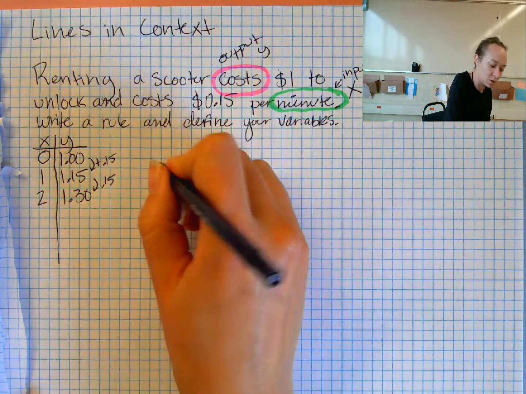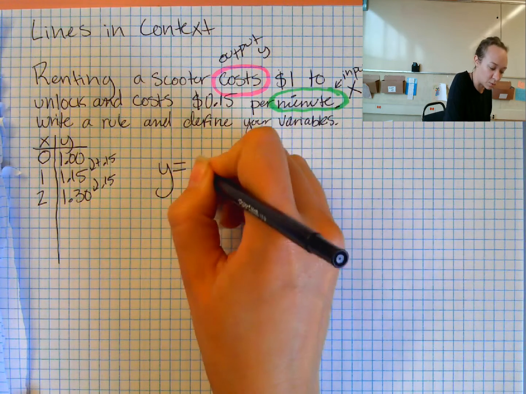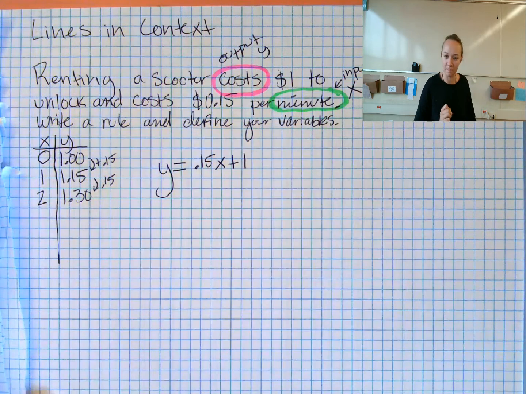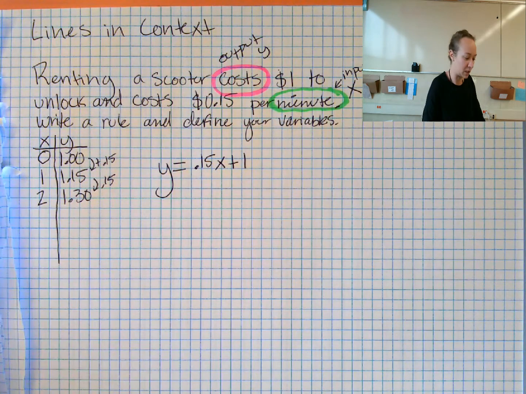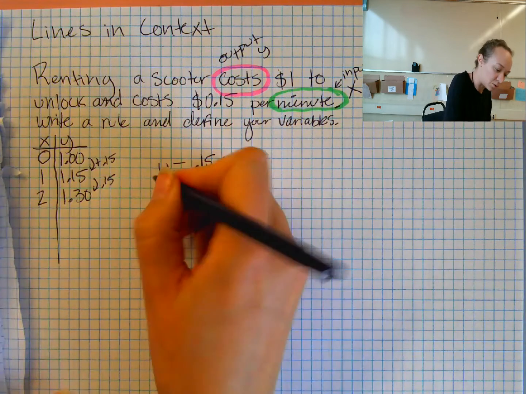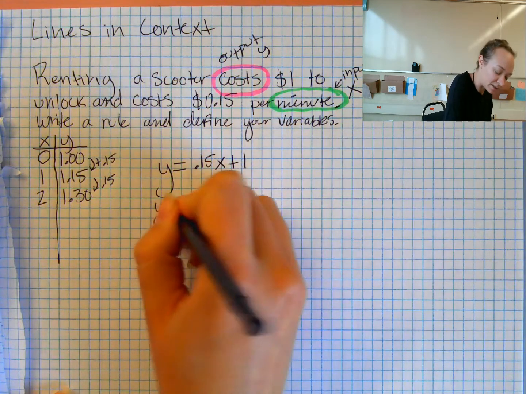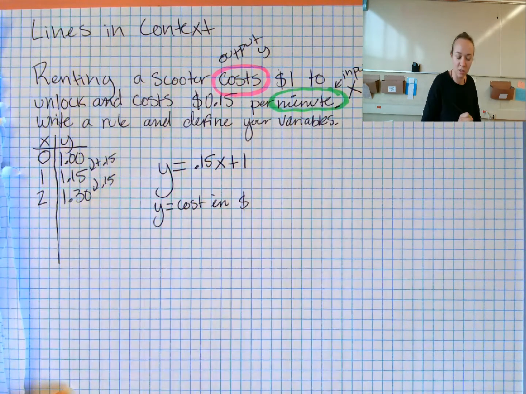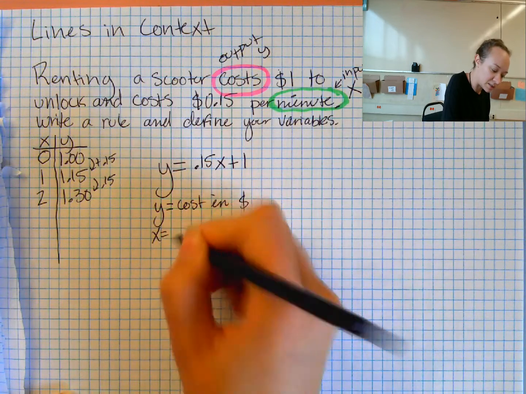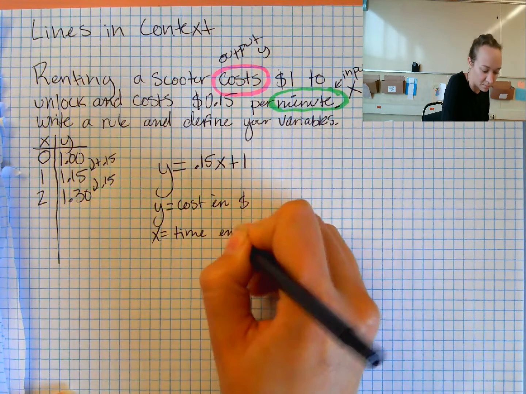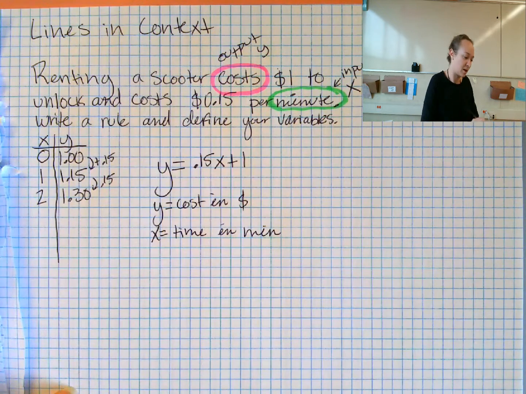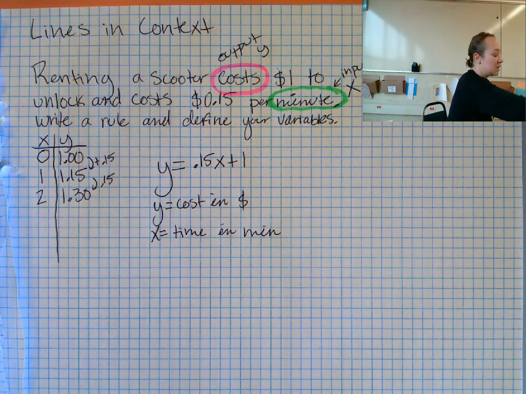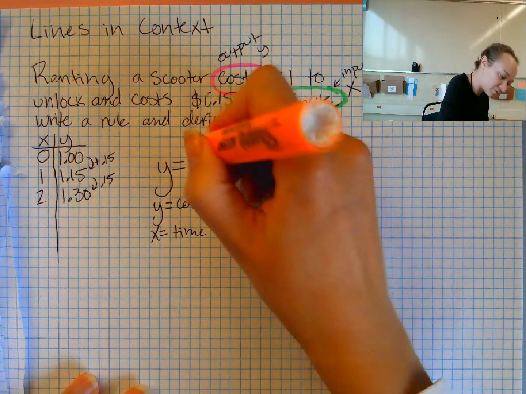So our rule would be y equals 0.15x plus 1, and then we can label each piece. y is the cost in dollars, x is the time in minutes, and our growth here is 0.15, right?